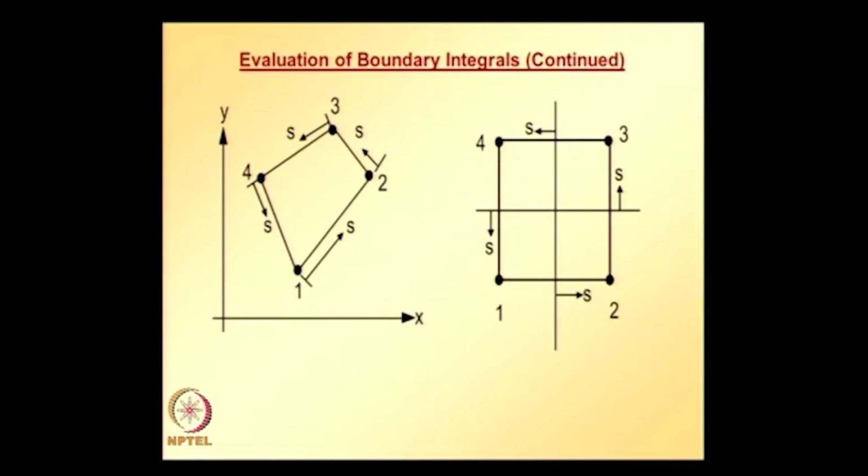The figure on the left hand side is the actual element, and the figure on the right hand side is the parent element. You can see capital S goes along each edge from 0 to the length of that side, whereas small s along each of the sides goes from -1 to 1.